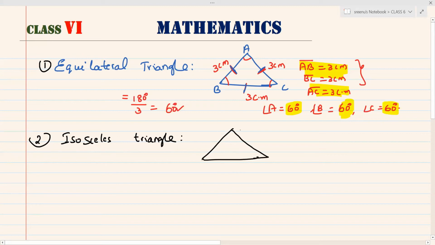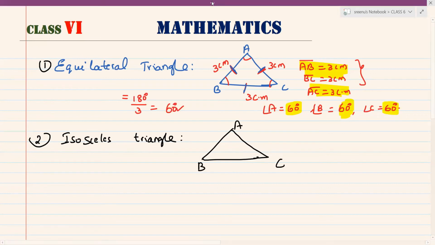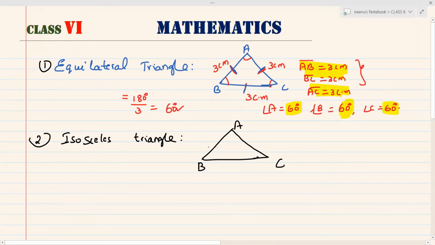What is the difference between equilateral and isosceles triangles? In an equilateral triangle, all the three sides are equal, but in an isosceles triangle, only any two sides are equal: either AB and AC, or AB and BC, or AC and BC. So for example, AB is 3 centimeters and AC is also 3 centimeters. The third side may be 2 centimeters or 4 centimeters, 5 centimeters, whatever it is. AB is equal to AC, equal to 3 centimeters.